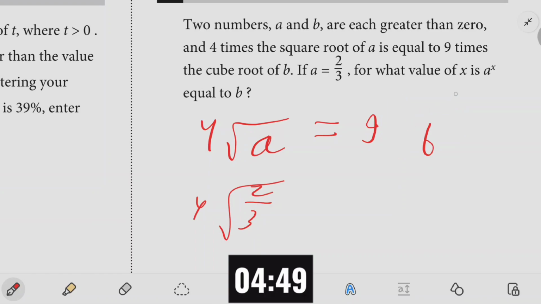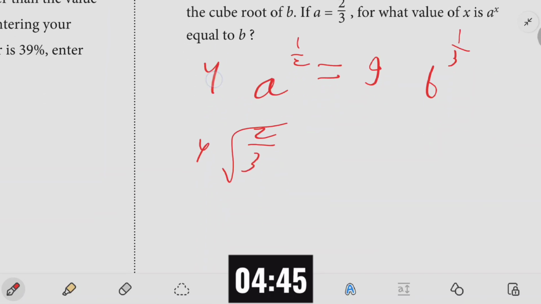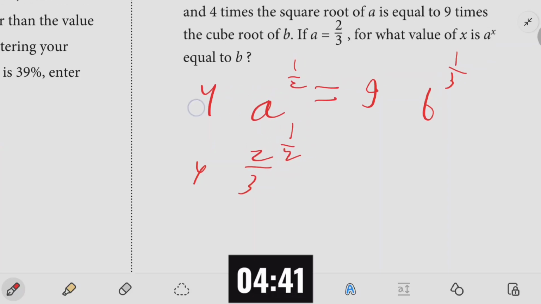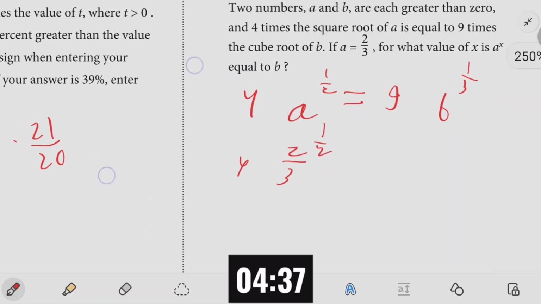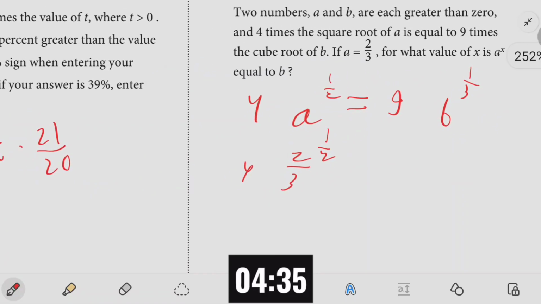What does this mean? Okay, 1/2. Okay, shoot.